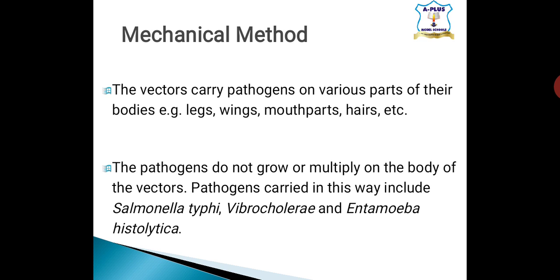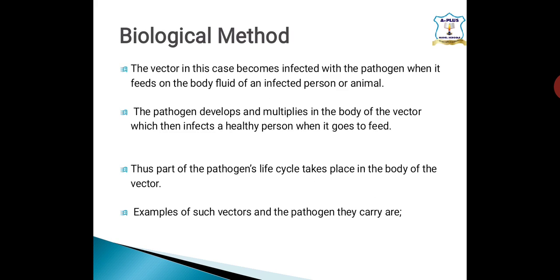And in this case, the pathogens do not grow or multiply on the body of the vectors. I think I've explained that earlier. Pathogens carried in this way include Salmonella typhi, Vibrio cholerae, and Entamoeba histolytica. All these, they are what? They are pathogens that are being carried by a vector.